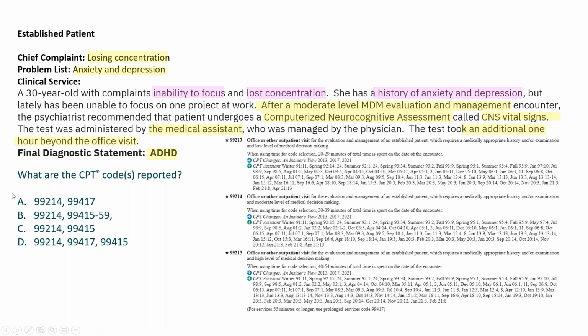So let's go ahead, and we see that A, B, C, and D all share the same first answer, 99214. This is your office or other outpatient visit, moderate level of medical decision making, right? So we know that's correct. Now let's look at these secondary codes.